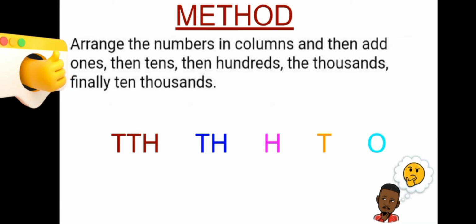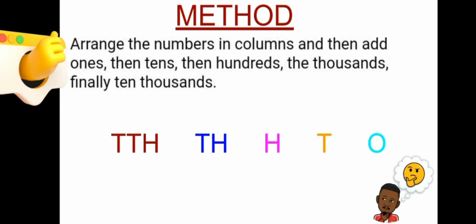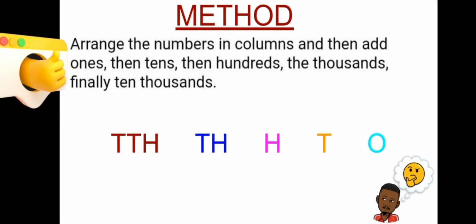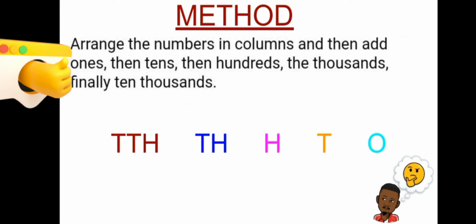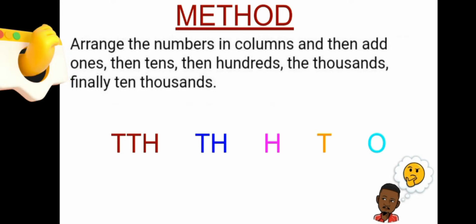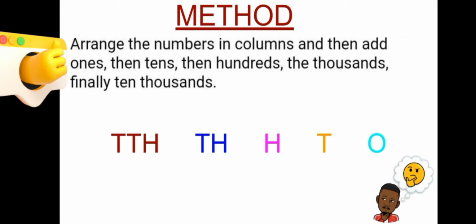The first thing to do in adding two 5 digit numbers is to arrange the numbers in columns and then add ones, then tens, then hundreds, then thousands, and finally the 10,000s.